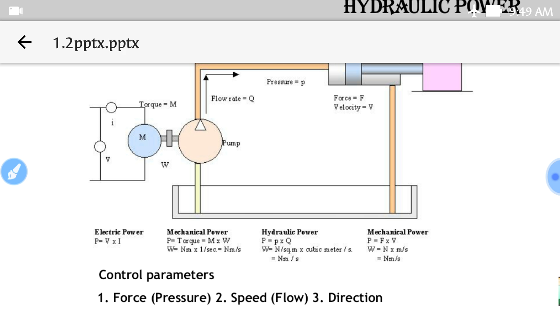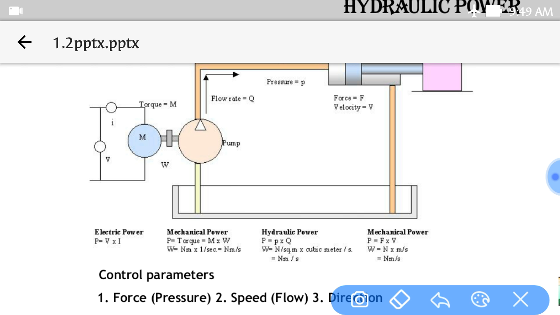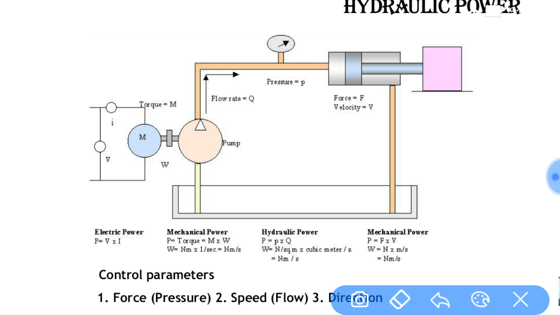Now next is hydraulic power. In any system, power is the product of effort and flow. In an electrical system, power is the product of voltage and current.